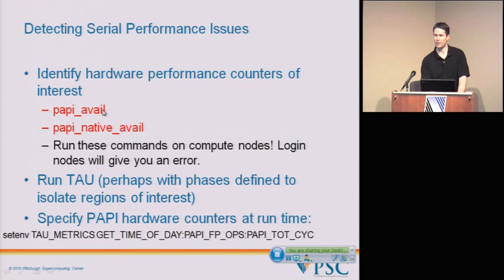And it'll spit back an error if they're incompatible, or probably if you tried to specify too many, it would also tell you that. So you can double check before you run with papi_avail if the counters that you want to get, you can actually measure simultaneously. And if you can't, then you just have to do separate runs specifying those at different times, and then extrapolate from that the information you need.